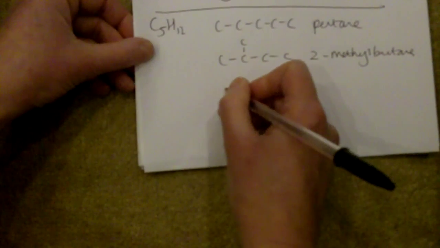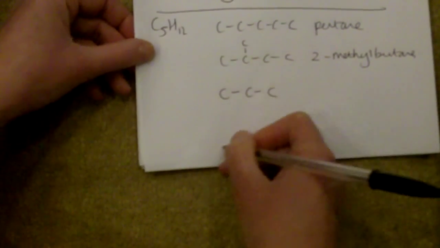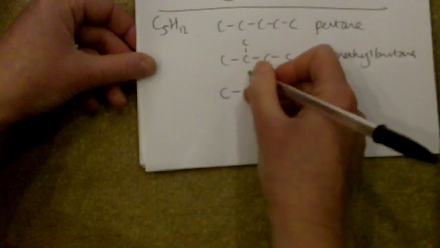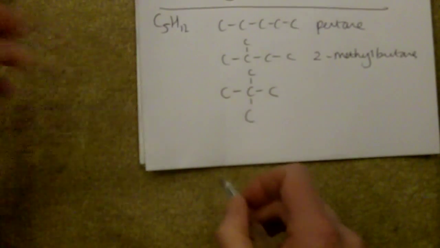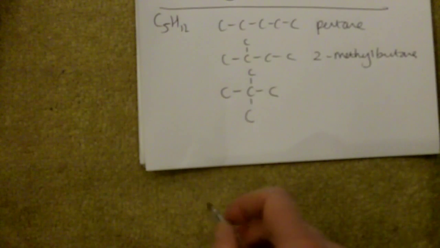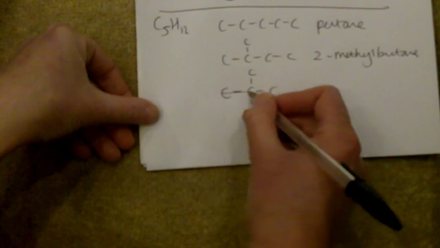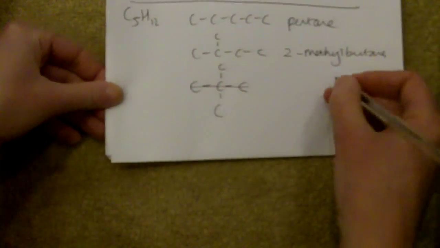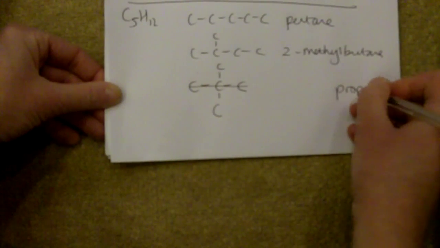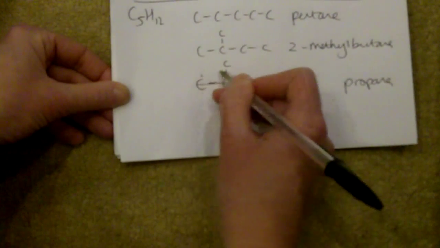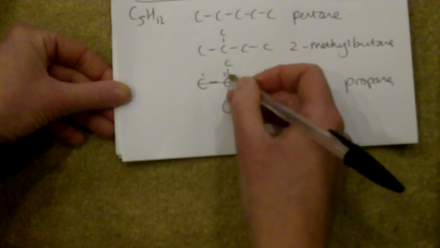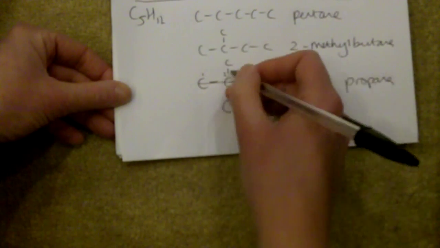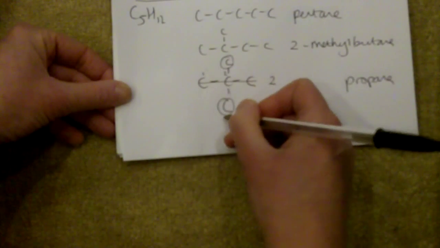Or we could have 3 carbons in a straight line with 2 carbons coming off, and that will be 5 carbons as well, and 12 hydrogens. The longest chain is 3 carbons, so that's propane. On carbon number 2, there are 2 methyls, and they're both on carbon number 2.